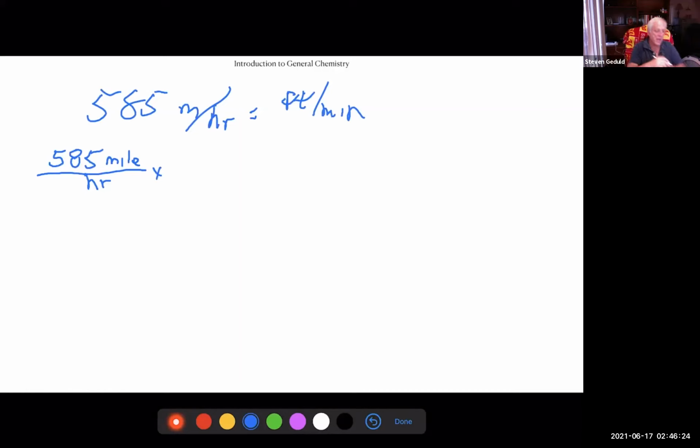Okay. So now we got to worry about two different things. We've got to convert the top number to feet, bottom number to minutes, right? We want to end up with. So let's start with the top number. So what goes on the bottom? So it cancels.